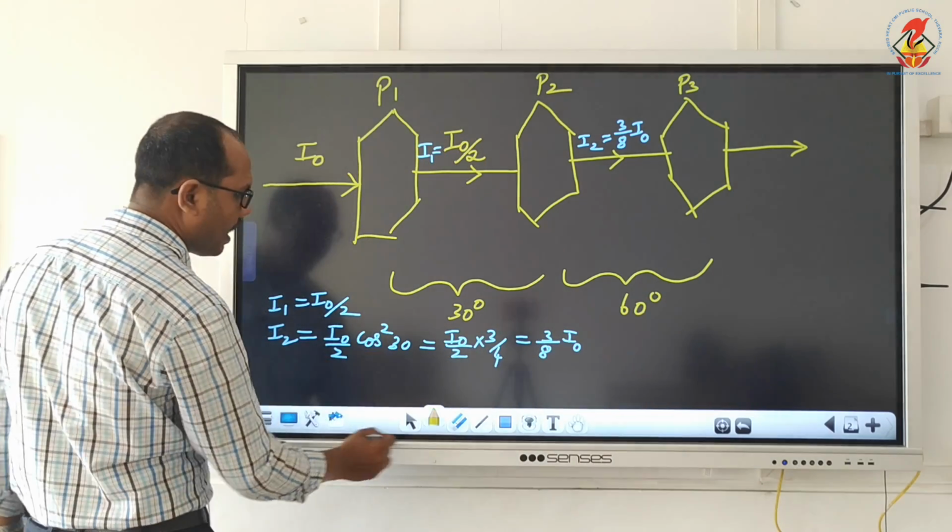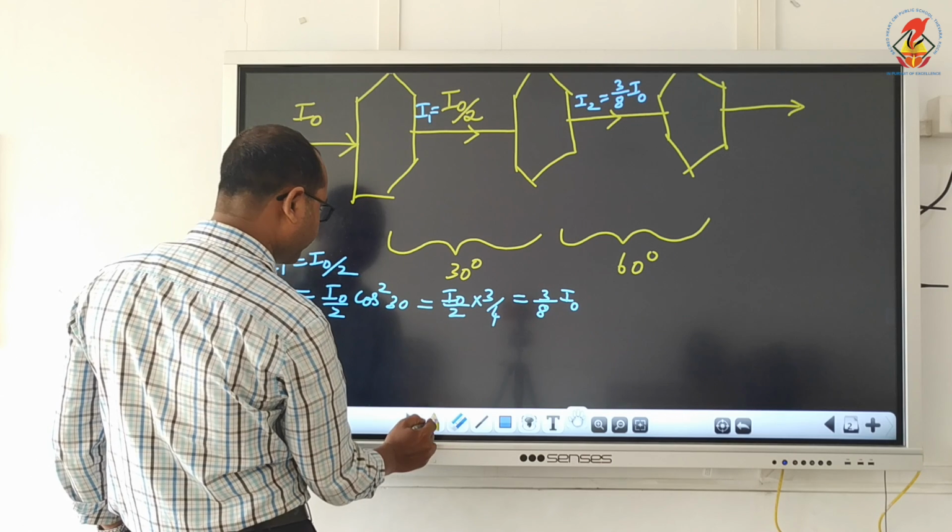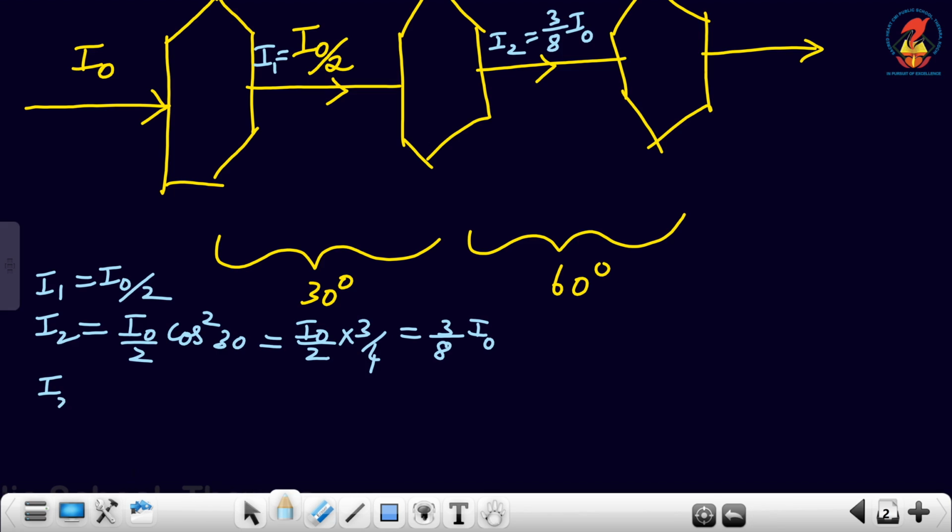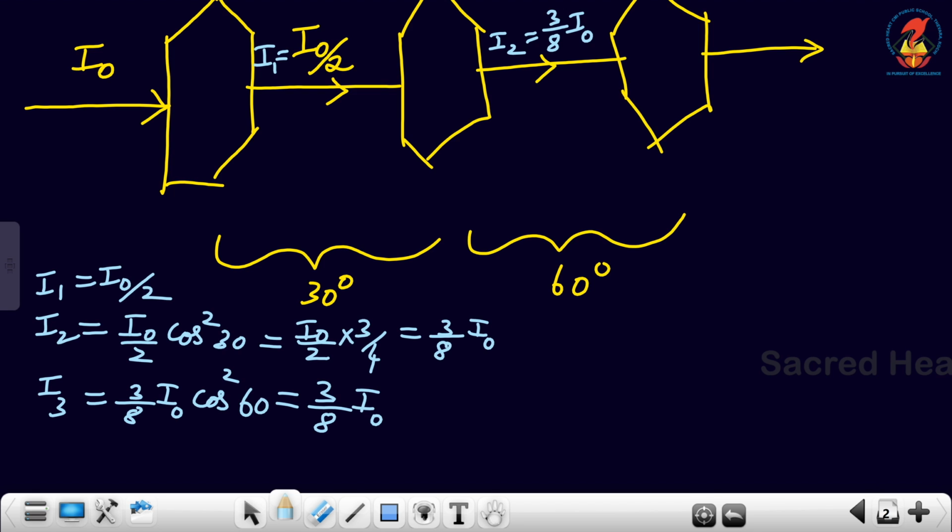And just see, I3 is equal to 3 by 8 I0 cos square 60. So, 3 by 8 I0 cos square 60, cos 60 is 1 by 2, cos square 60 is 1 by 4.